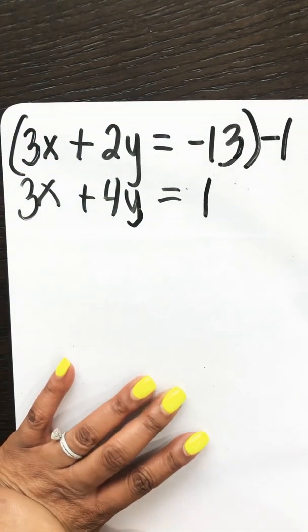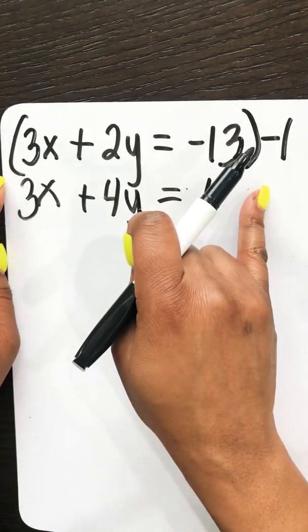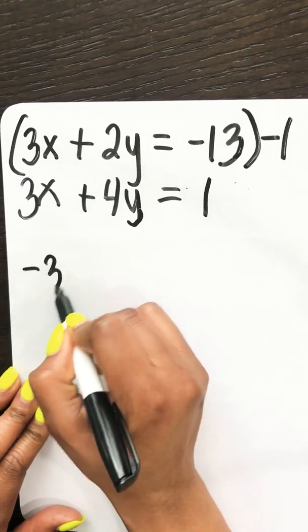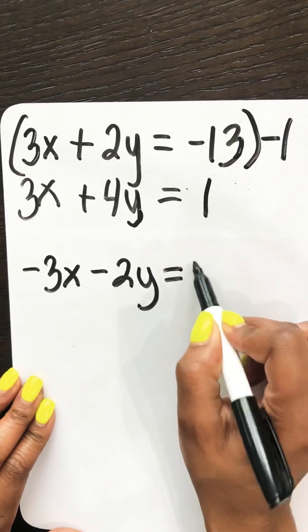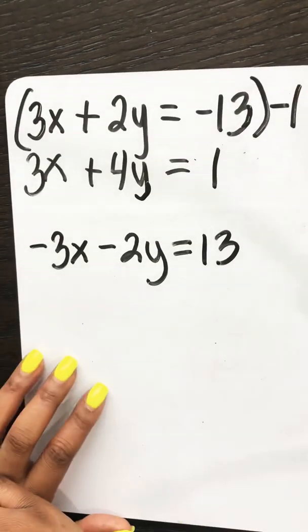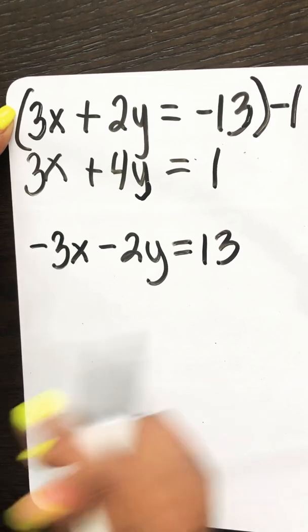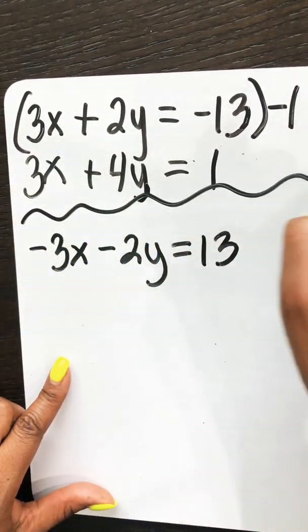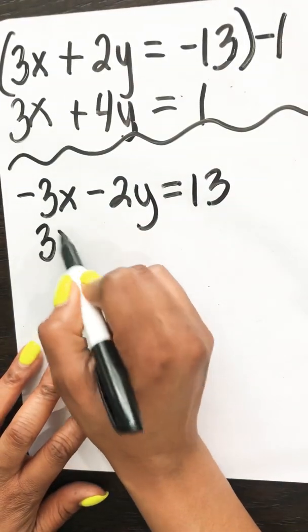Well, I decided to multiply by negative 1 because if I multiplied 3x times negative 1, it would give me negative 3x. So it would give me negative 3x minus 2y equals 13. Okay, so all I did was I multiplied this first equation by negative 1 to get this. Okay, so we're gonna just kind of like block this part out and rewrite the second equation.